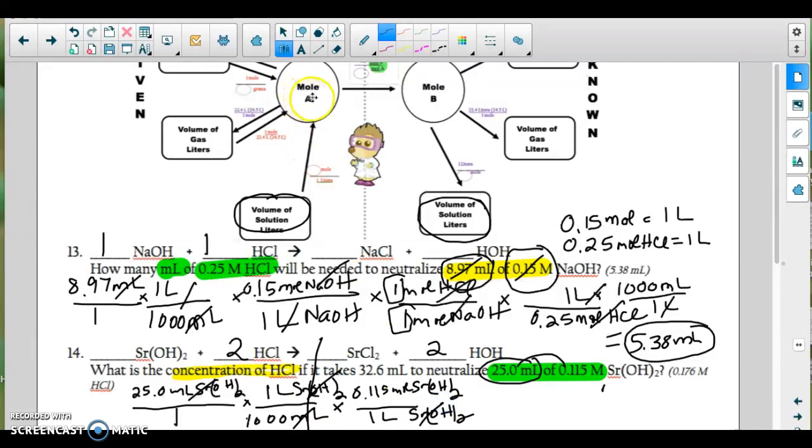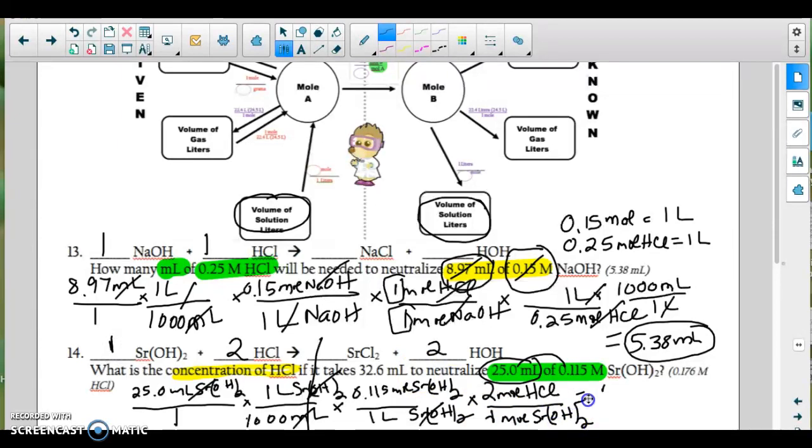Now I'm over here at moles of strontium hydroxide, and I'm going to switch over to the hydrochloric acid. This is just my regular mole ratio. I'm going to put the 2 moles of HCl on the top because I'm trying to go to that, and then the 1 mole of strontium hydroxide on the bottom.